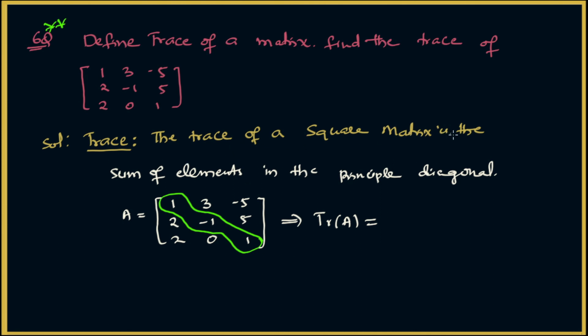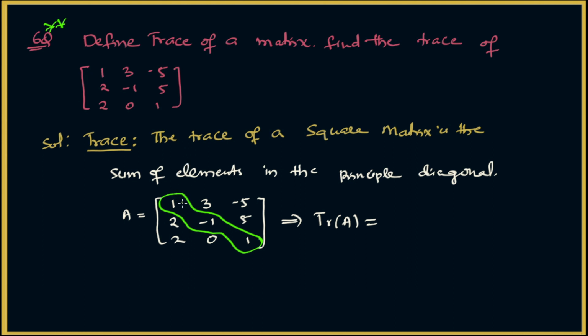The trace of a square matrix is the sum of elements in the principal diagonal. Every square matrix contains two diagonals. So this is called principal diagonal, and there is the other diagonal. So trace means sum of elements in the principal diagonal. So 1, minus 1, 1 are the elements of principal diagonal.